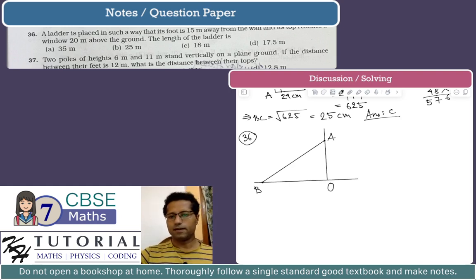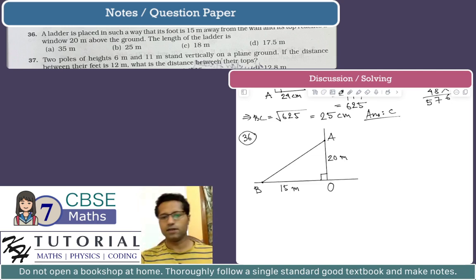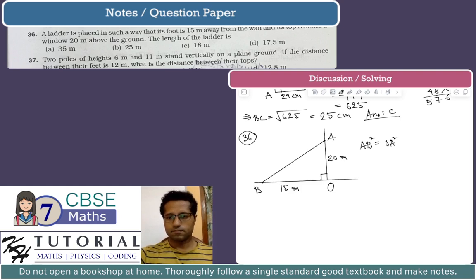So we can see a right angled triangle AOB is formed, right angled at O. OB is given to be 15 meter. OA is the height of the window, which is given to be 20 meter. We are asked to find the length of the ladder. So definitely we see a right angle triangle AOB where AB is the hypotenuse, which is the length of the ladder. So we will get AB square equal to OA square plus OB square.